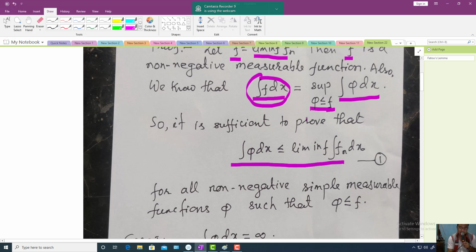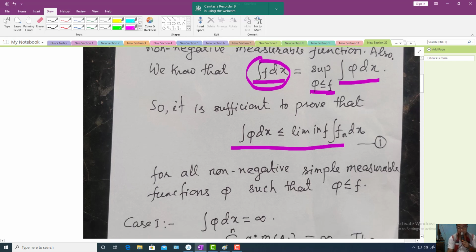If you are able to prove that the integration of phi dx is less than or equal to the limit infimum of the integration of Fn dx for all phi less than or equal to f, then it is done. The theorem is over, because the supremum of this side is less than or equal to this one. How many such phi are there? There are lots of phi which are less than or equal to f.